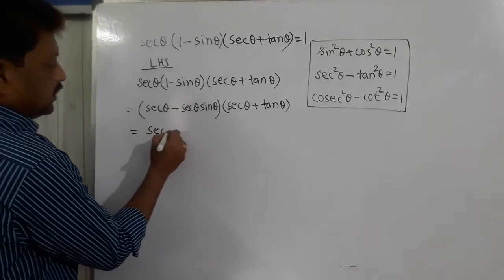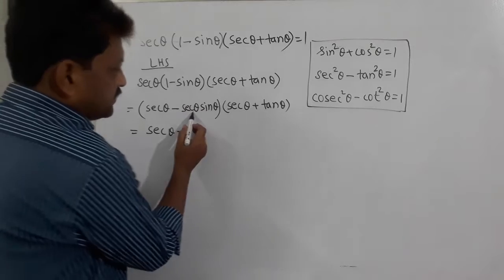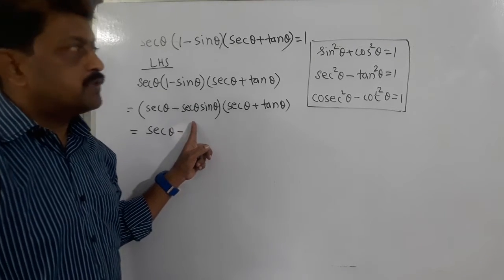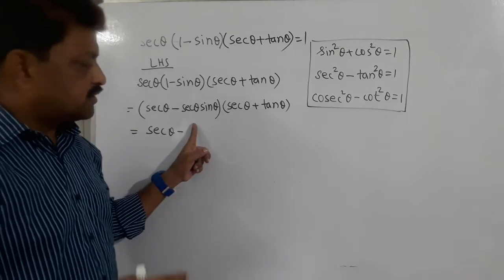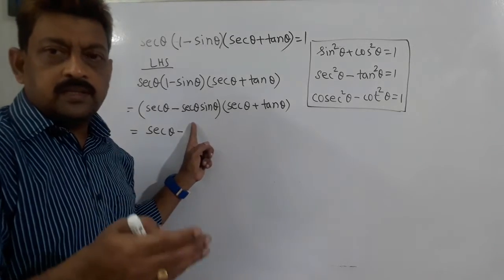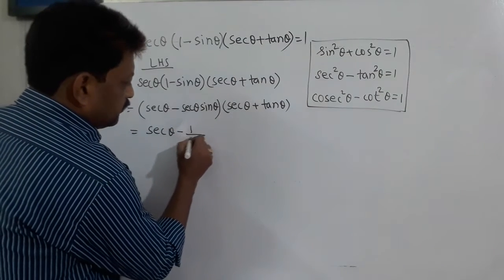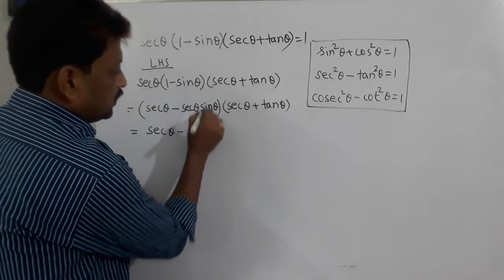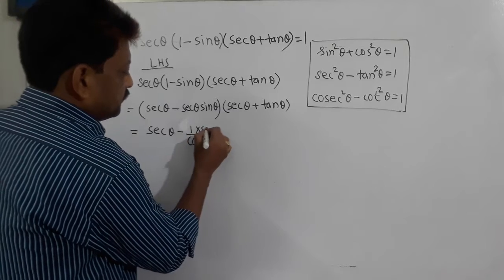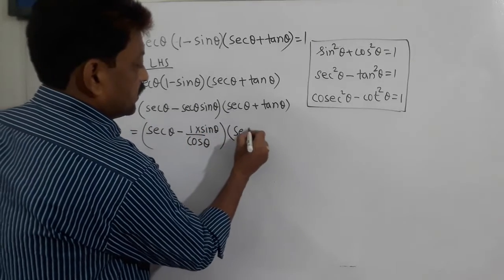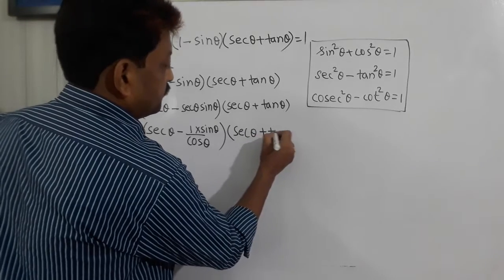Now sec theta minus, what is sec theta here? Sec theta means 1 upon cos theta, as I have shown you earlier. Cos theta is 1 upon sec theta and sec theta is 1 upon cos theta. So in place of sec theta, I can write 1 upon cos theta and multiply with sin theta. And here it is sec theta plus tan theta.